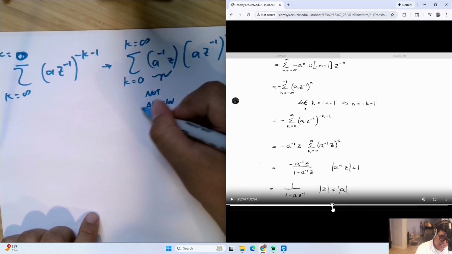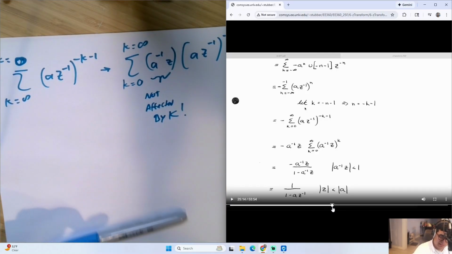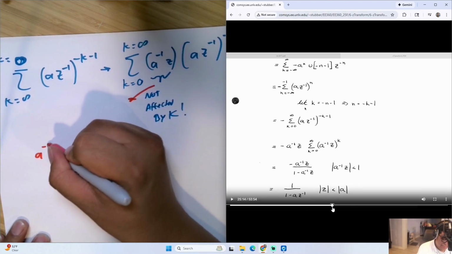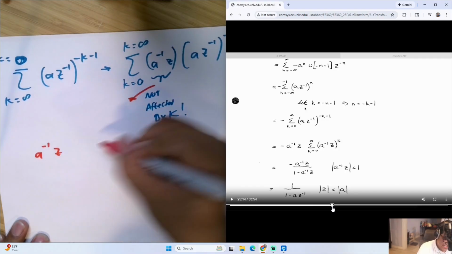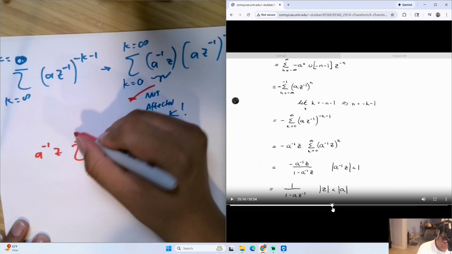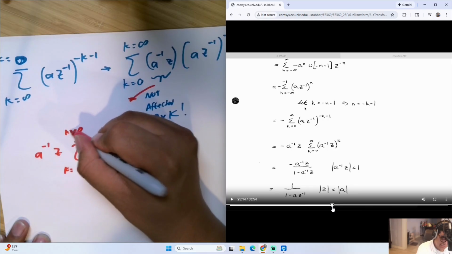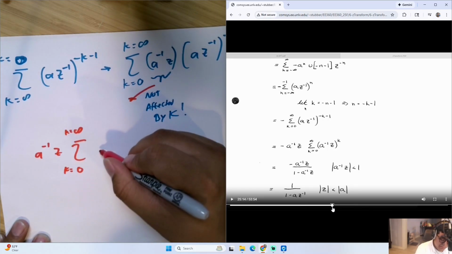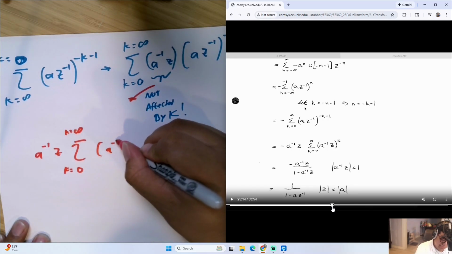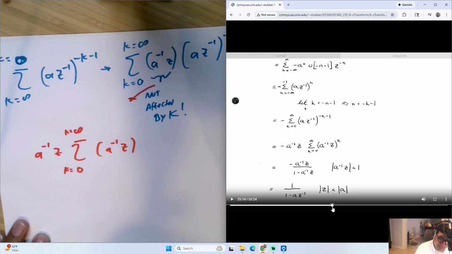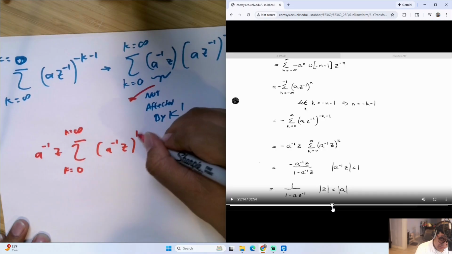So we can pull it out. Boom. So a to the minus 1 z, and then we're gonna do the following: sum from k equals 0 to infinity of a to the minus 1 z, and then this becomes a k, positive k.